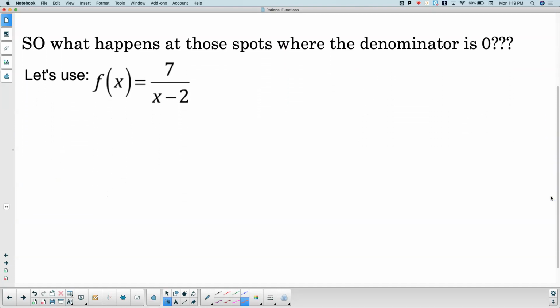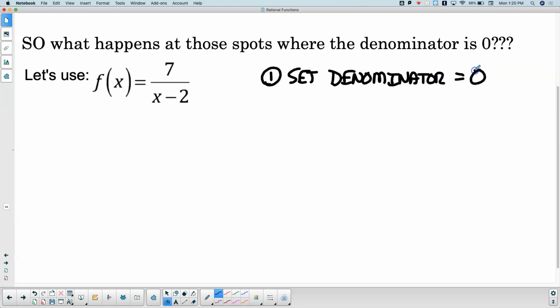So, the very first thing that we're going to do is set our denominator equal to 0 and then solve it.